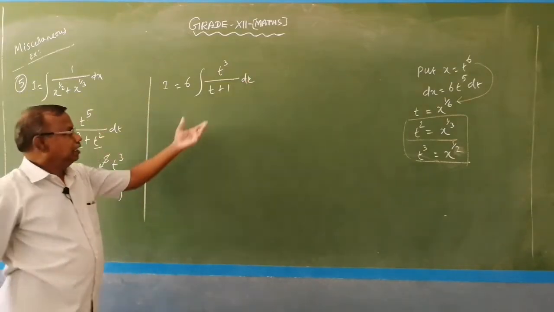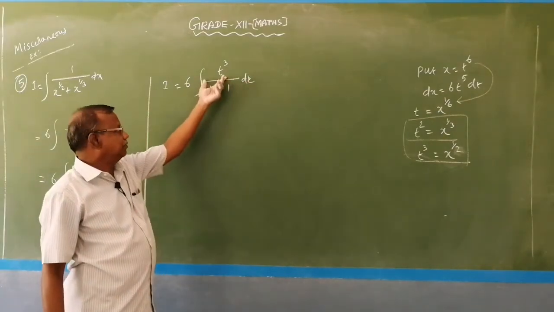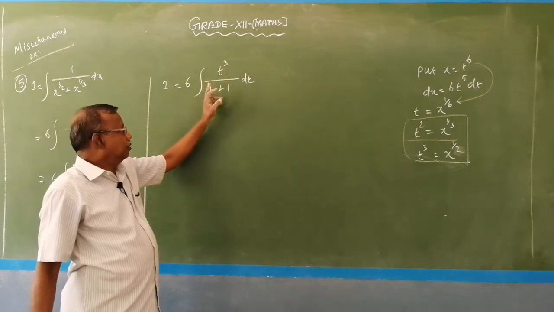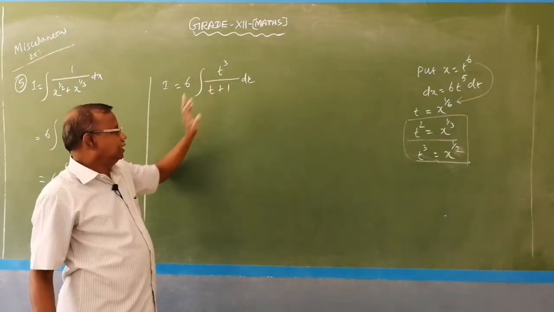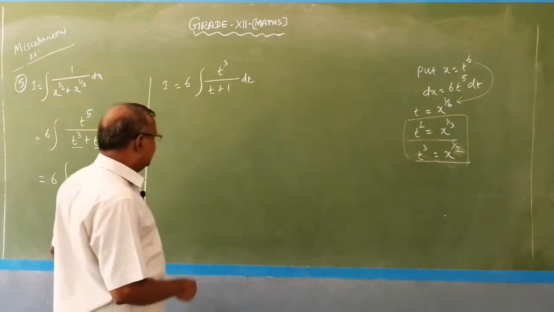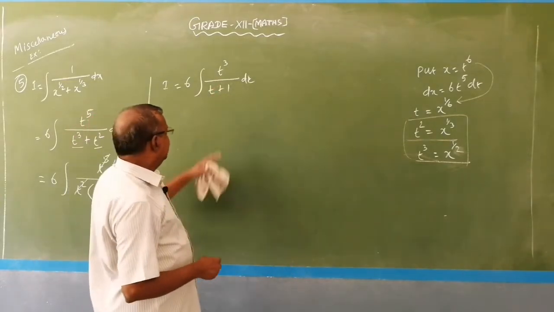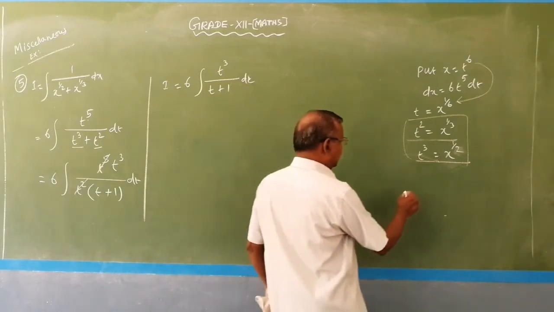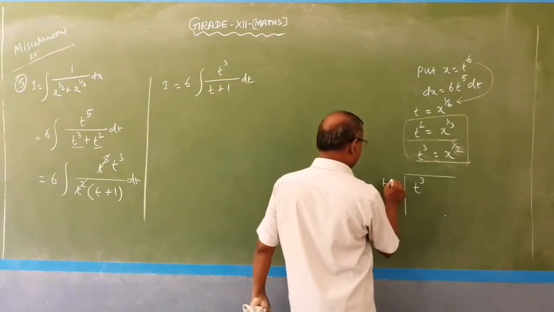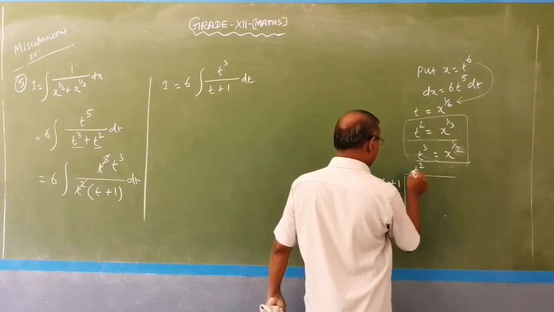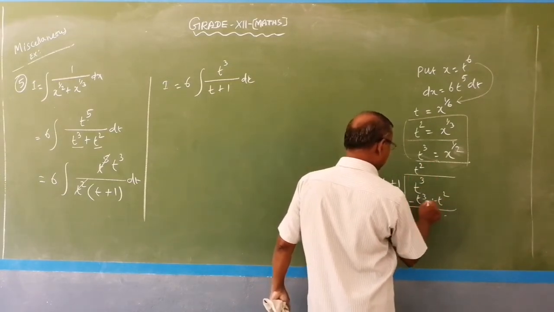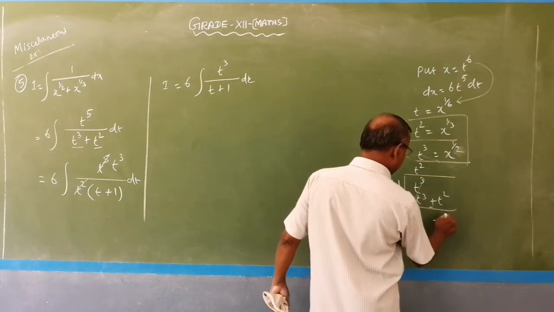This is a rational function where the power of the numerator is more than the highest power of the denominator. Therefore we need to divide it, to make it a proper fraction. So divide the numerator by the denominator: t cube divided by t plus 1, here first t square, t cube plus t square, minus minus cancel, so minus t square.